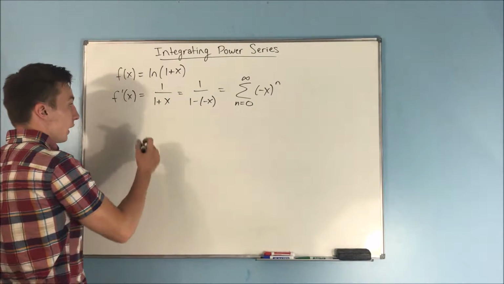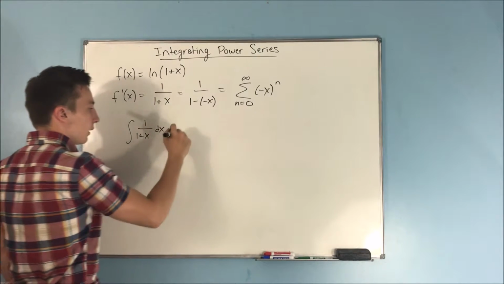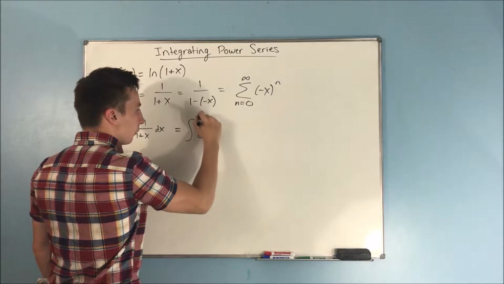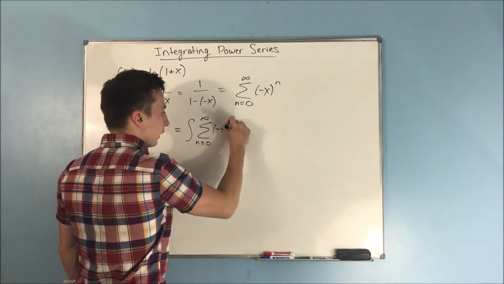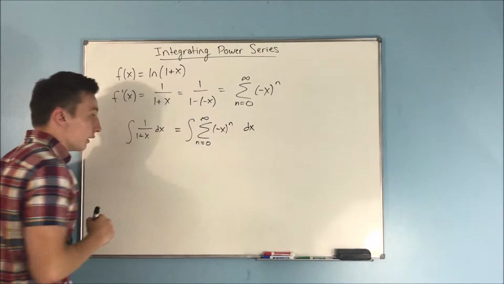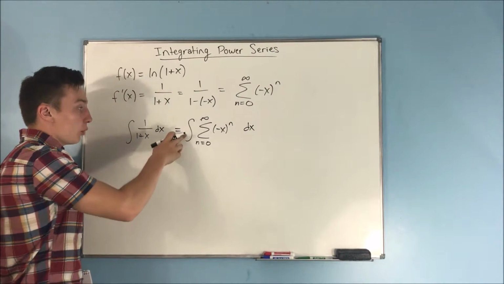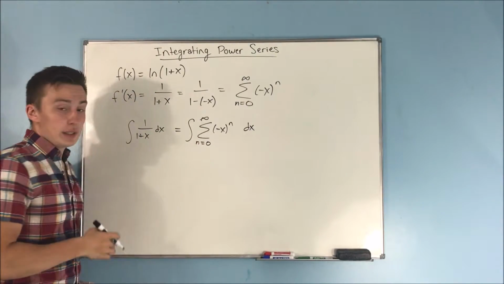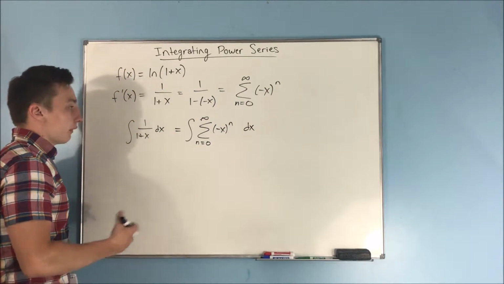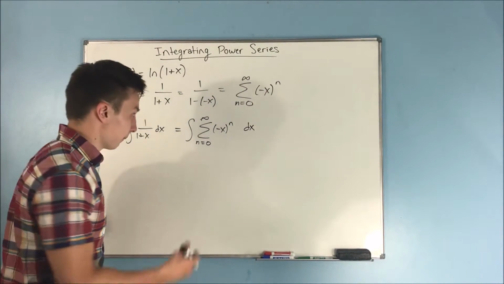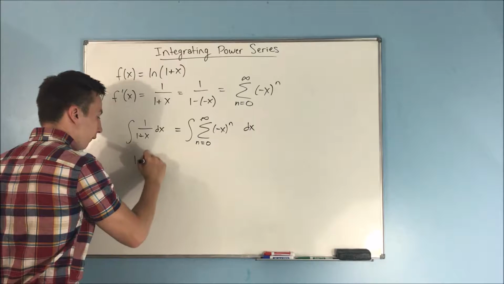Okay, so let's take an integral of 1 over 1 plus x dx, and that will be equal to the integral of the sum from n equals 0 to infinity of negative x to the n, and we'll have a dx on the outside there. One thing to note is that you can move this integral in and out of the sum, or in and out of the sigma. It doesn't really matter. You can if it makes your life a little easier. So your integral of 1 over 1 plus x dx is natural log of 1 plus x.